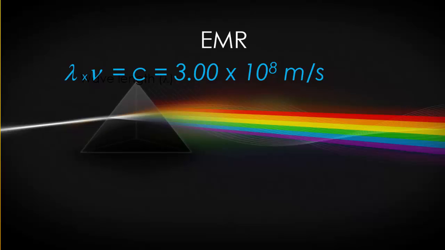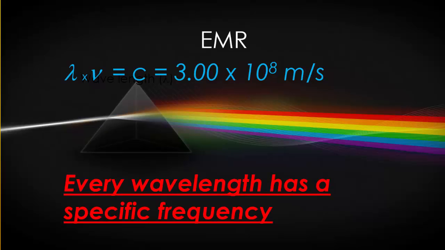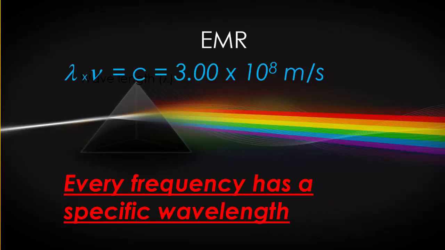That is a constant. So that means that every wavelength of light, of electromagnetic radiation, has a very specific frequency, and every frequency of electromagnetic radiation has a very specific wavelength. And since both of those last two statements are bold type, red type, underlined, and italicized, probably pretty important.